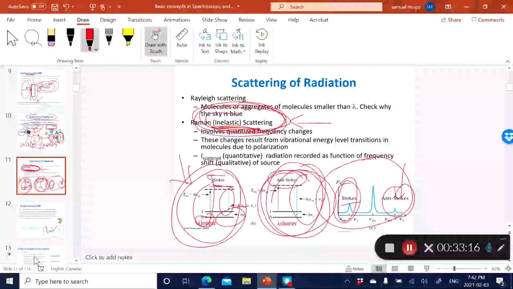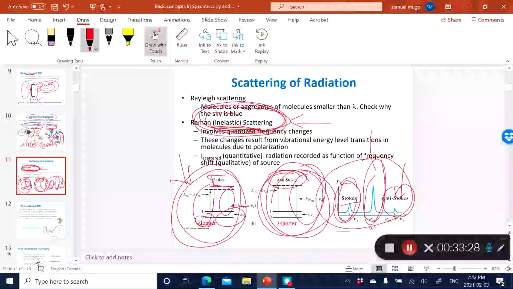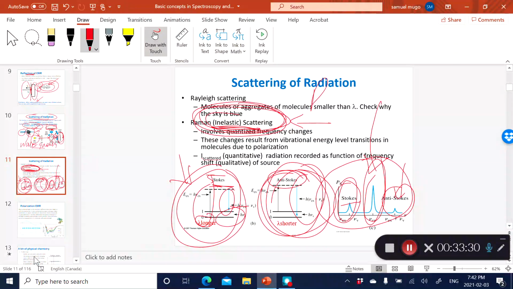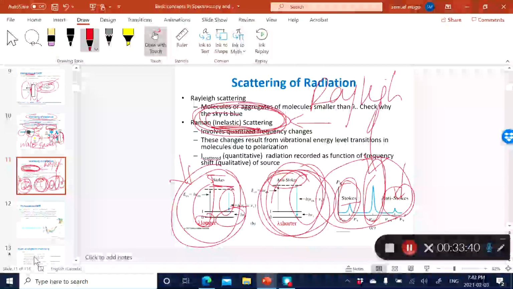Now, maybe somebody is going to ask me, what about the peak that is right there in between, and it looks fairly large compared to the Stokes and the anti-Stokes. This peak is what you refer to as the Rayleigh scattering. Now, the Rayleigh scattering really means the energy of the incident beam is exactly equal to the energy that you determine in the end.